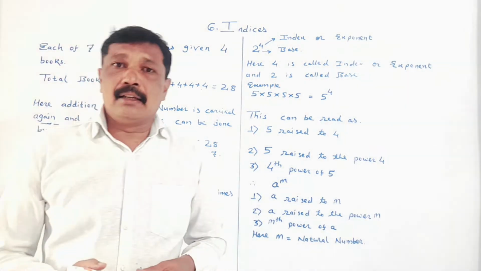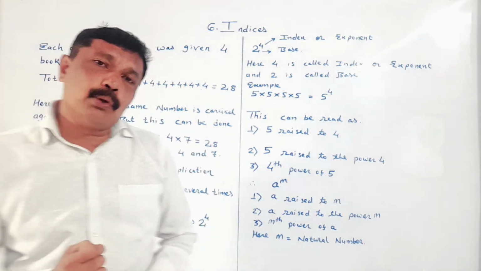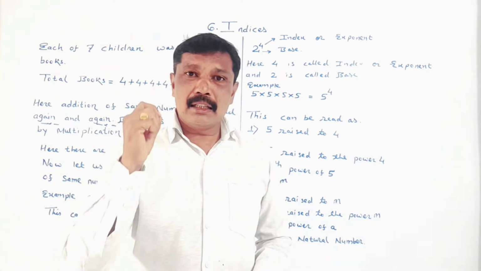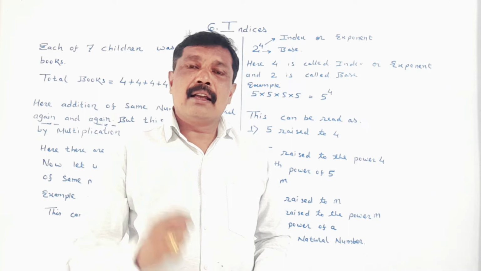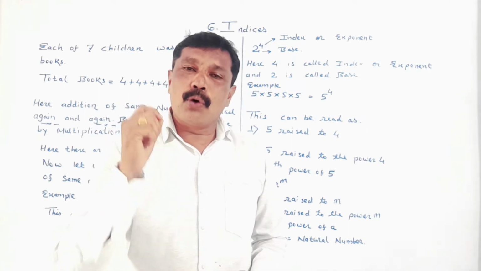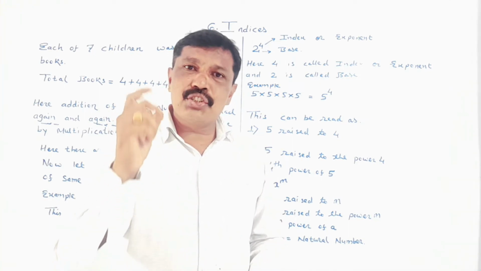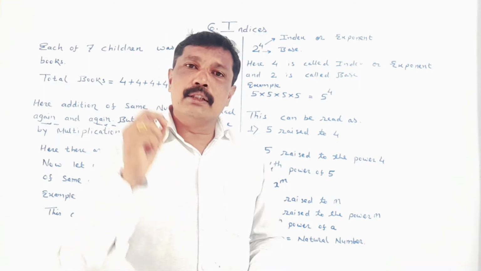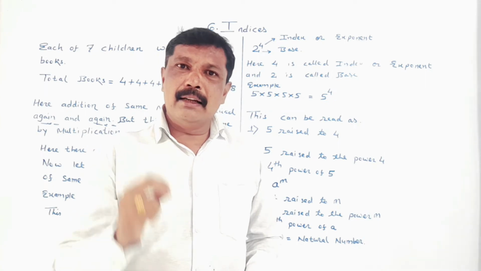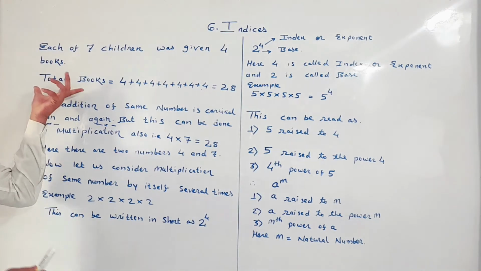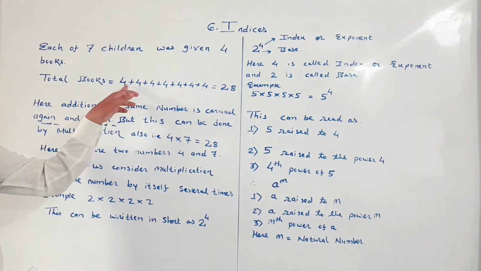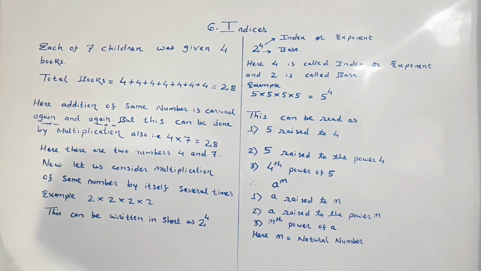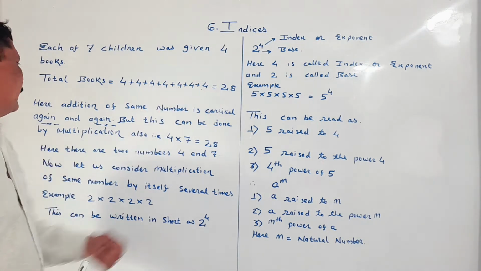My dear student, if 7 students are there and we distribute 4 notebooks to each child, then the total amount of notebooks is 4 plus 4 plus 4 plus 4 plus 4 plus 4 plus 4. So we get the answer 28.